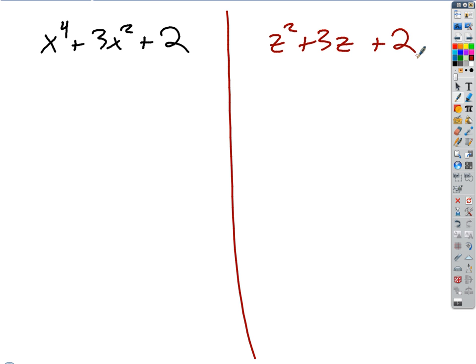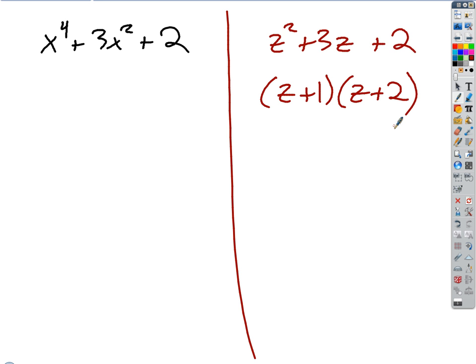And that would have been pretty easy. How does that one factor? Are there magic numbers that multiply to c and add to b? 1 and 2, it just would have looked like z plus 1 and z plus 2, right?